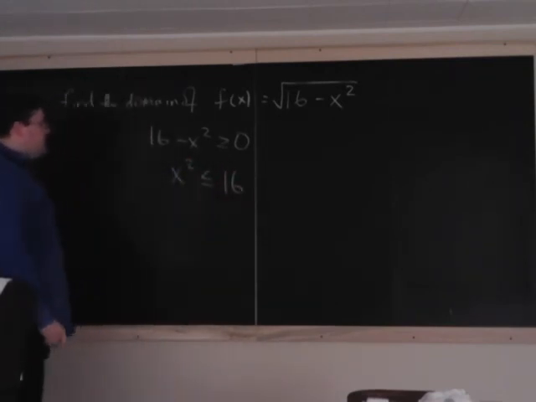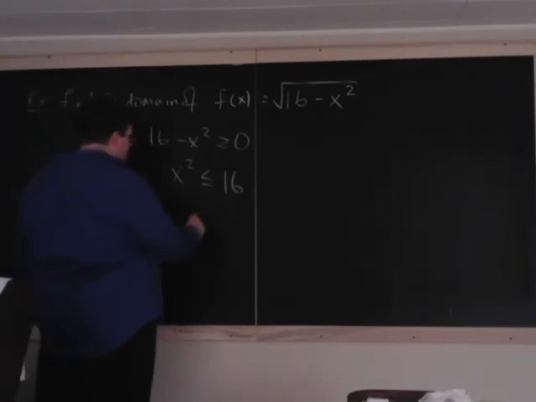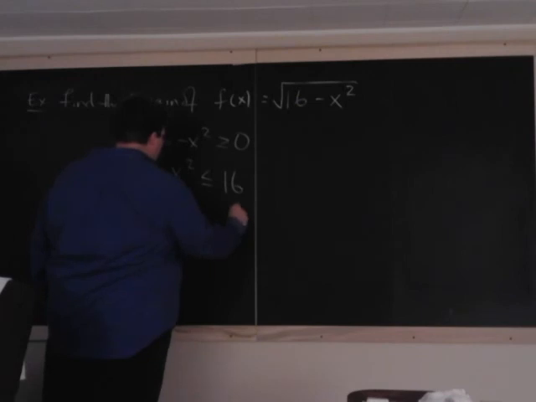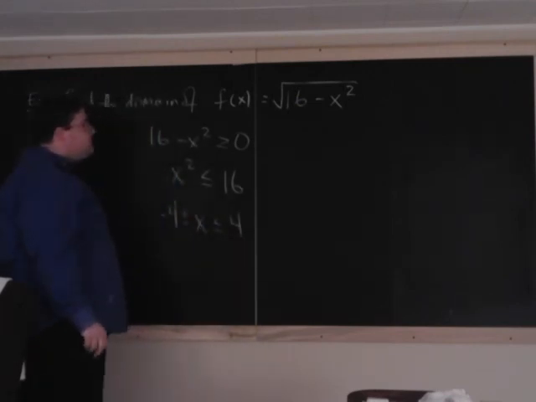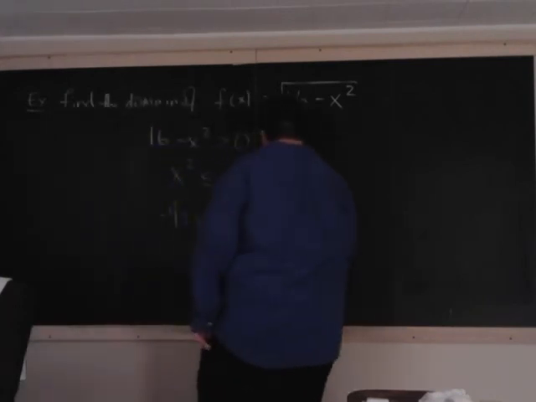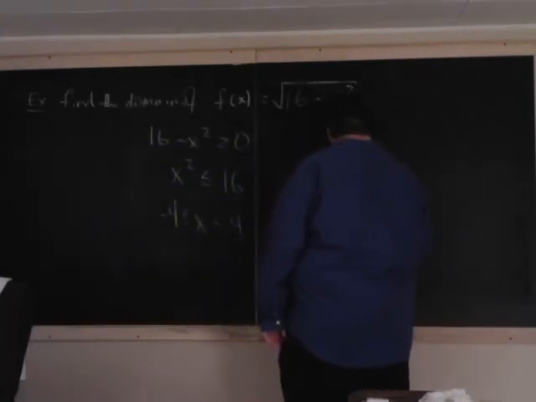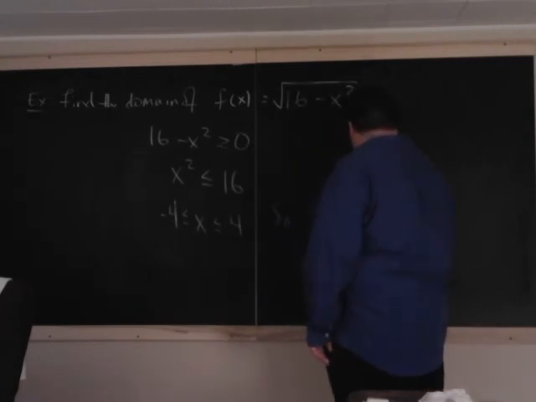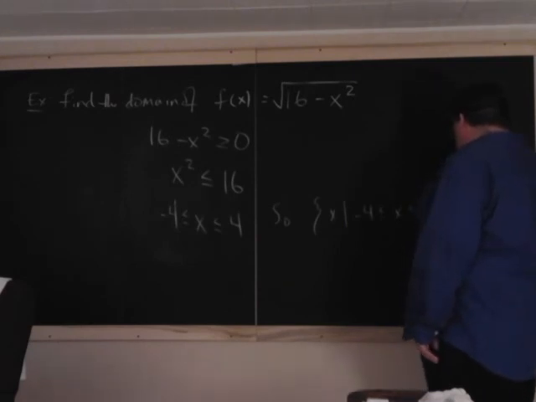Now x squared less than or equal to 16. It's the same as x being between 4 and negative 4. So the set of x such that x is between 4 and negative 4 is the domain.